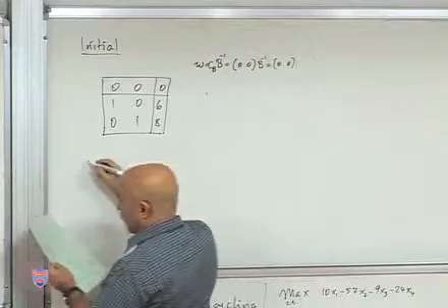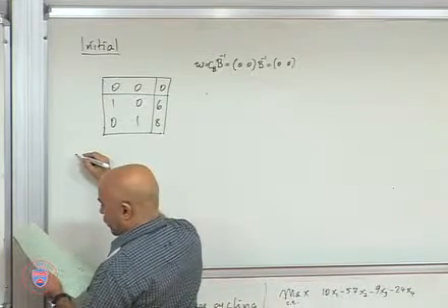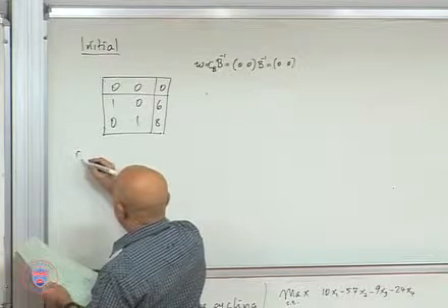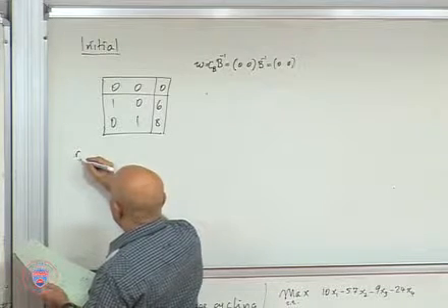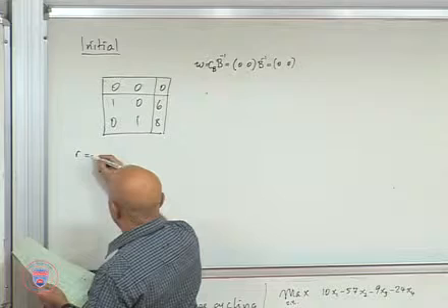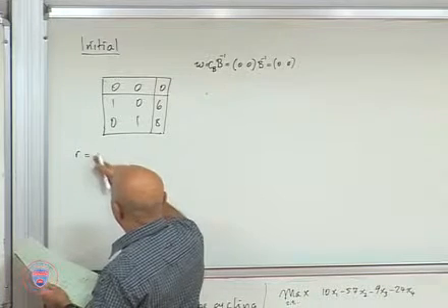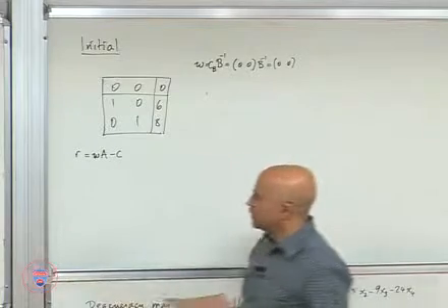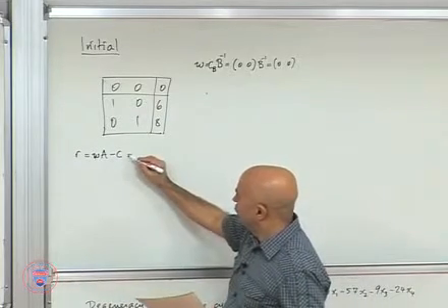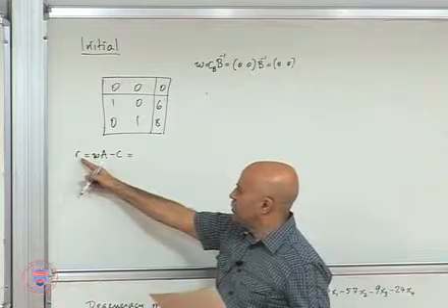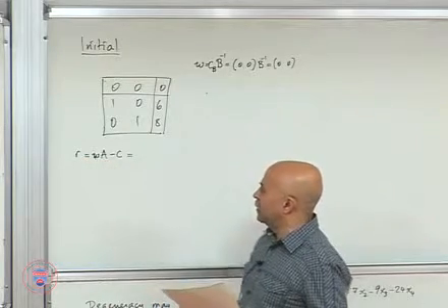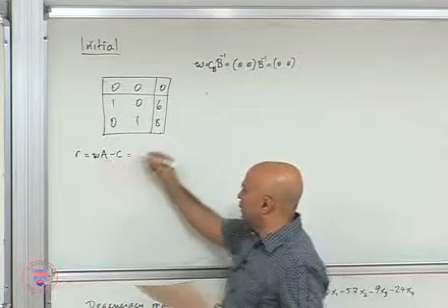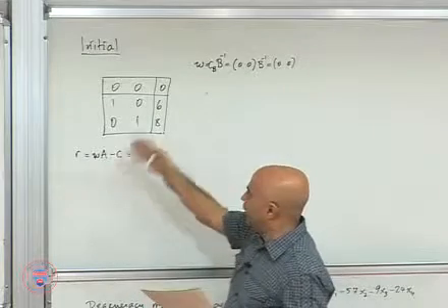So, then we compute the reduced costs. Let me just do it in the form WA minus C. You can restrict it to only non-basic variables, but I have to fetch them.